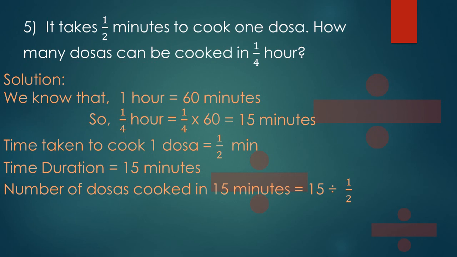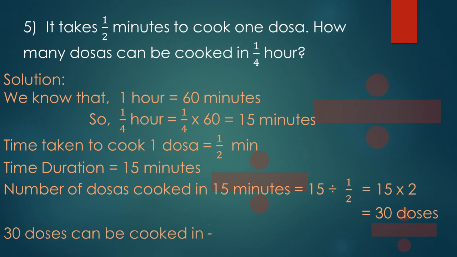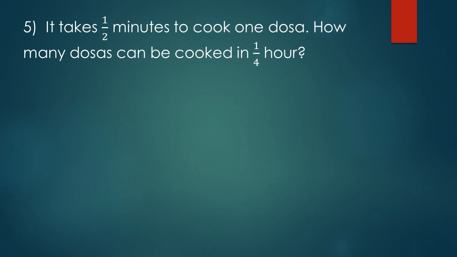To divide, first we change the division sign to a multiplication sign and multiply by the reciprocal of the divisor 1 upon 2. So we write 15 multiplied by 2, and 15 2s are 30. So the answer is 30 dosas, and the last statement is: 30 dosas can be cooked in 1 upon 4 hour. Let us solve this question in another way also.